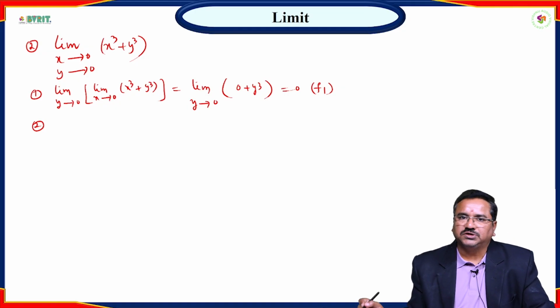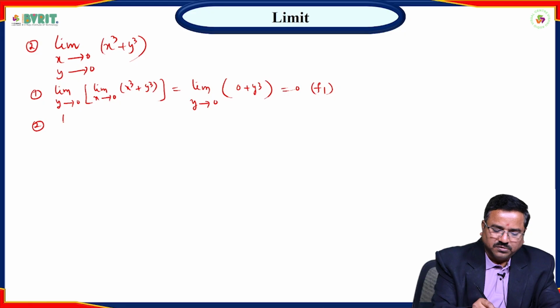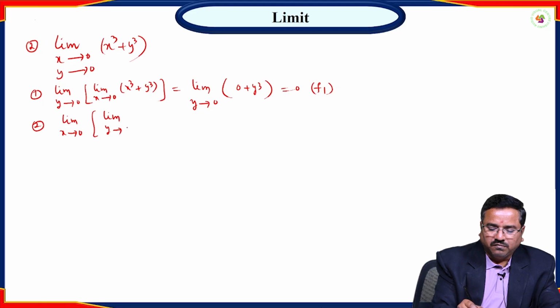Then what is the step 2? In step 2, first take y is equal to 0, then after x is equal to 0. Limit x tends to 0, limit y tends to 0, x cube plus y cube.